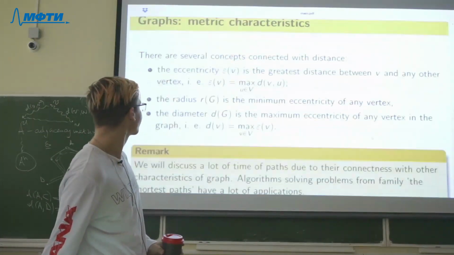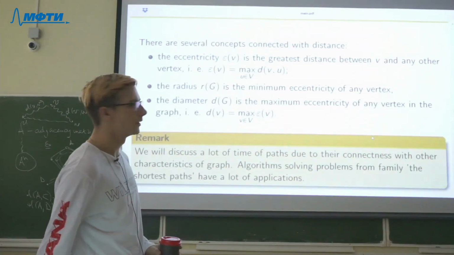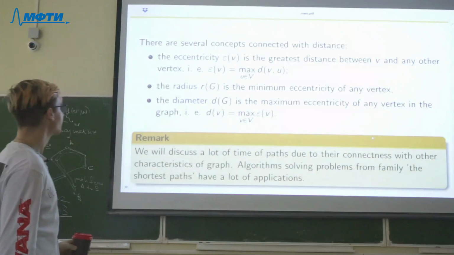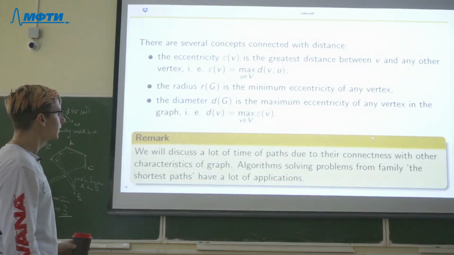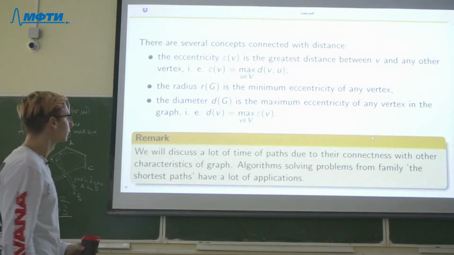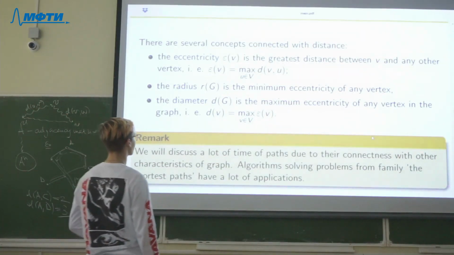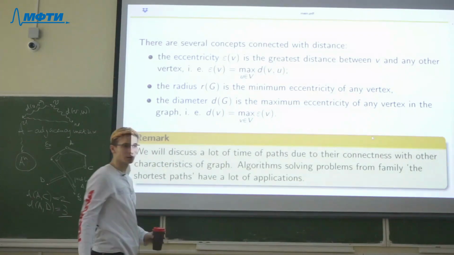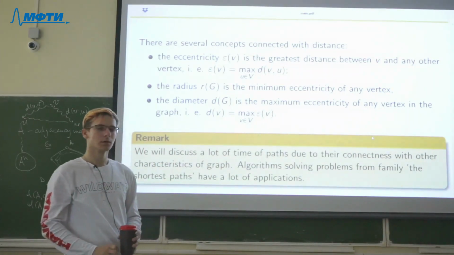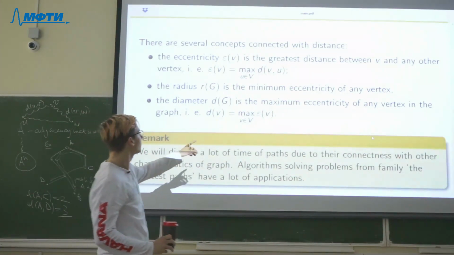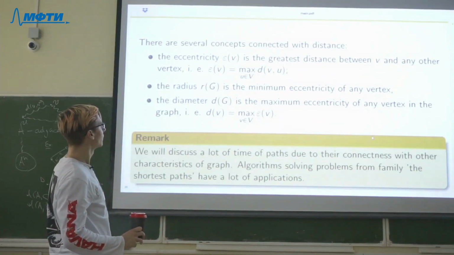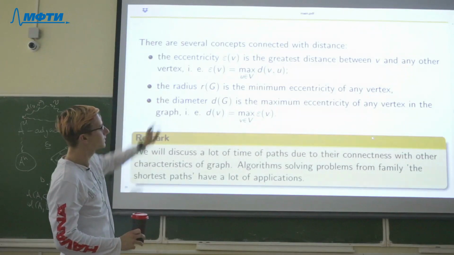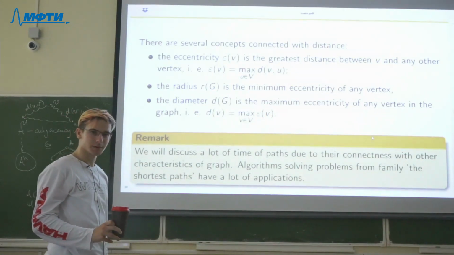So there are metric characteristics connected with distance. We need to understand only one of these characteristics. It's the last, diameter. If we see it, maximum of eccentricity, and eccentricity of a vertex is the maximal distance to other vertices. Okay.